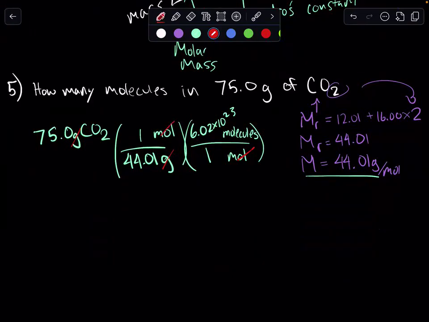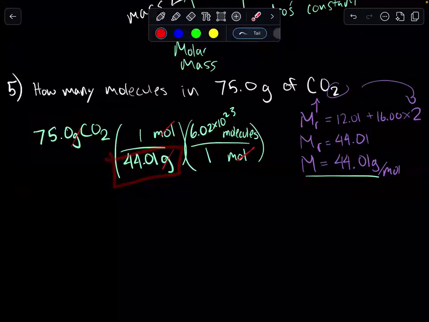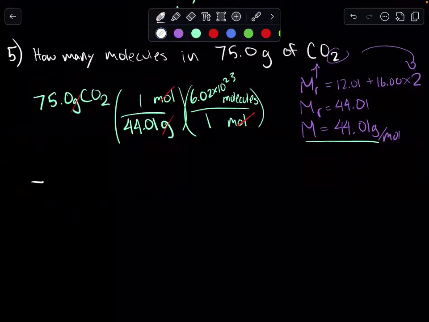The beauty of doing it this way is any value that's on the bottom is divided, any value that's on the top is multiplied. And because ones have no effect in multiplication or division, you can just ignore them, get them out of the way, which means you can type this whole thing into your calculator simply by doing 75.0 divided by 44.01 times 6.022 times 10 to the 23rd.